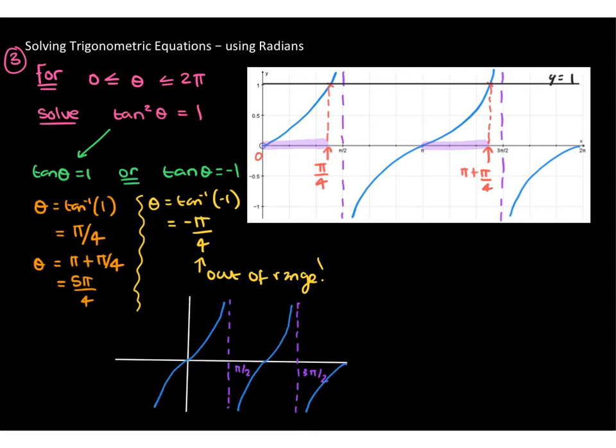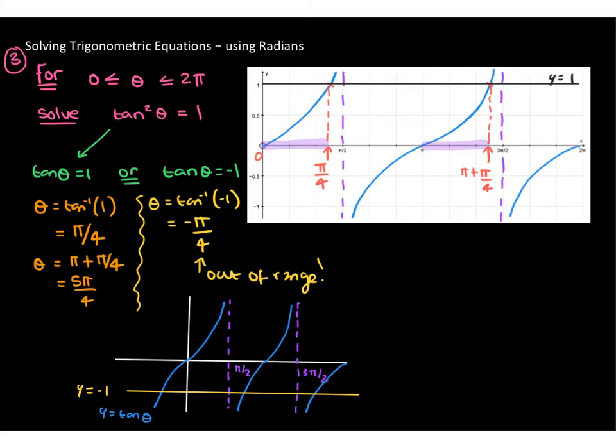So here it is, and I've included a little portion of the graph before 0, so going into the negative angles here. Now, let me draw in a horizontal line at negative 1. There it is. So there is my line y equals negative 1, and there is my blue graph y equals tan theta.